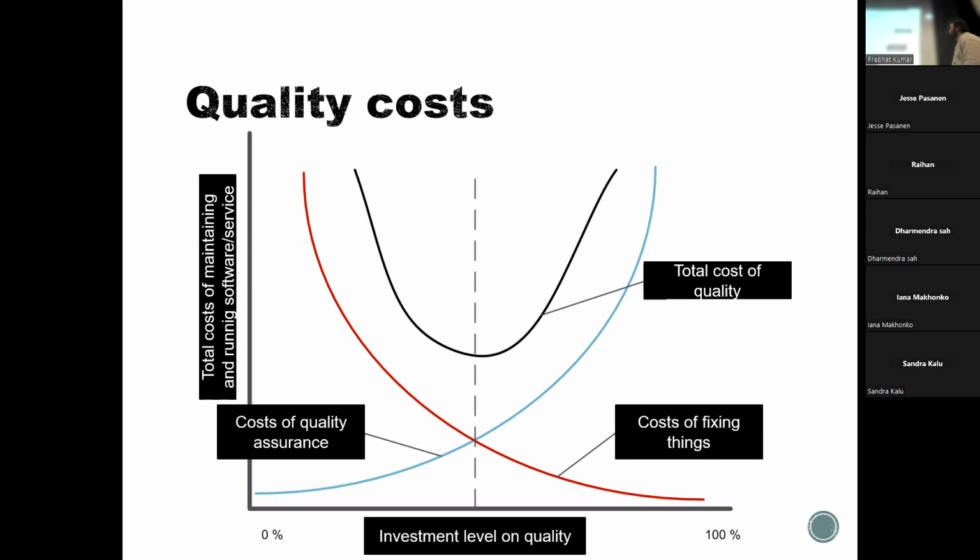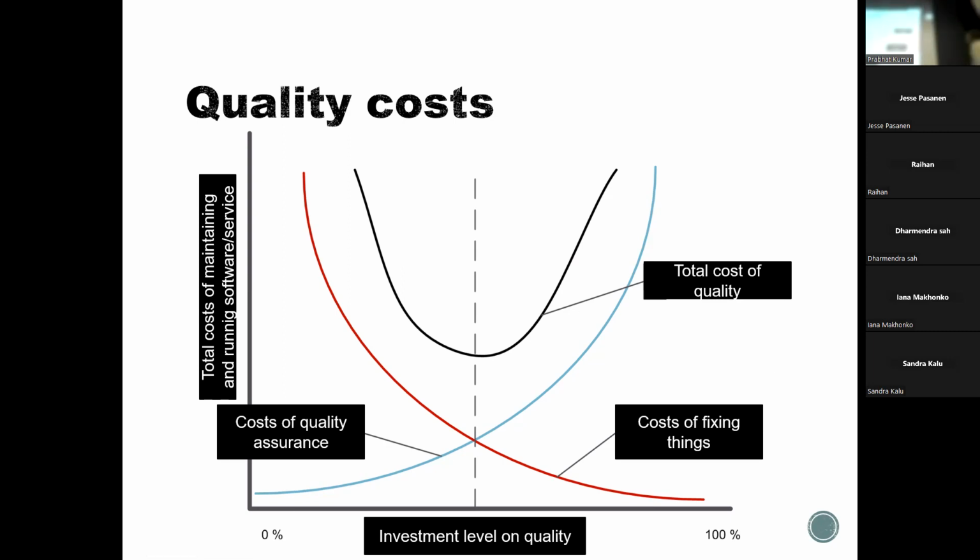The first one is blue, which talks about the cost of quality assurance. The second one is red, which talks about the cost of fixing things. And the final one is black, which talks about the total cost of quality, right?